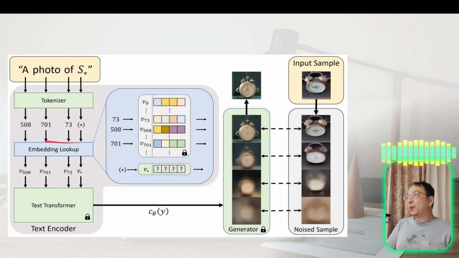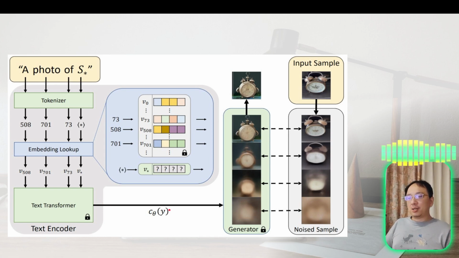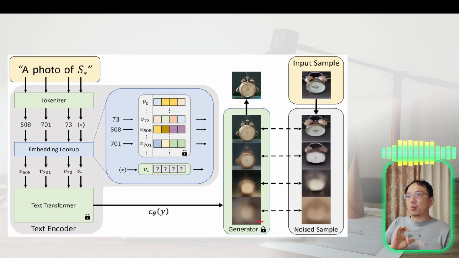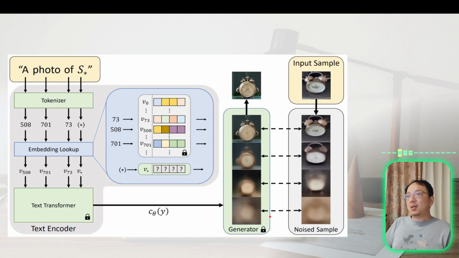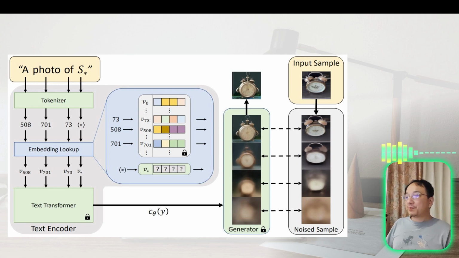Suppose we already have the embedding, then it runs in the text transformer as usual, and we get a conditional encoding for the text, and concatenate this into the input of the diffusion model for sampling or denoising.